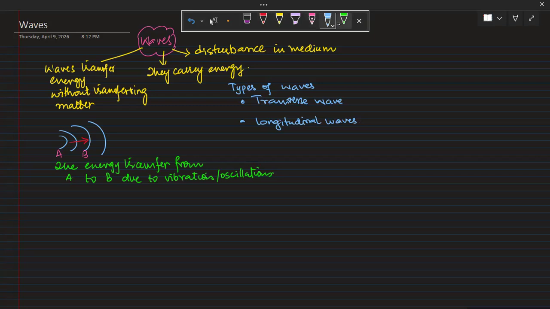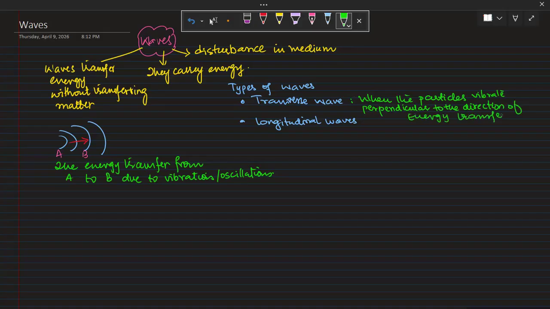Now, for transverse waves, the particles vibrate perpendicular to the direction of energy transfer. So if the energy is being transferred from point A to B, the particles vibrate up and down, which makes a 90-degree angle with the direction of energy transfer.